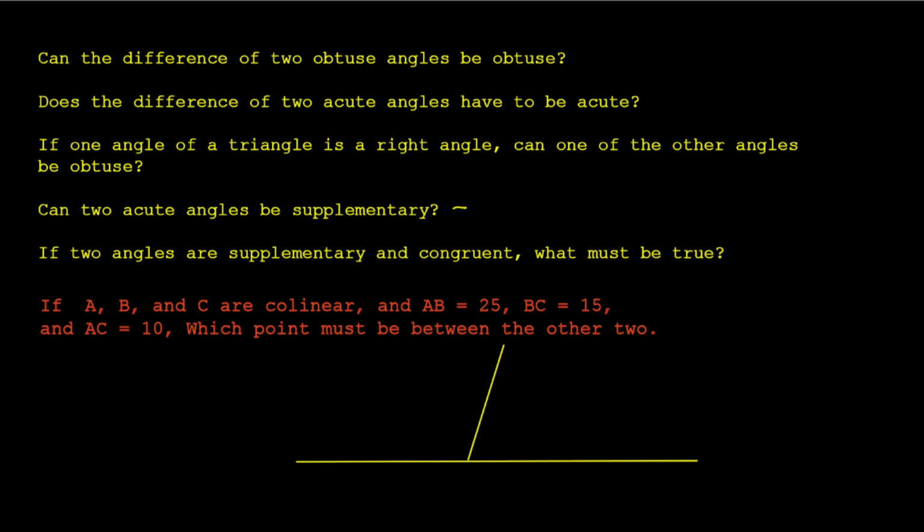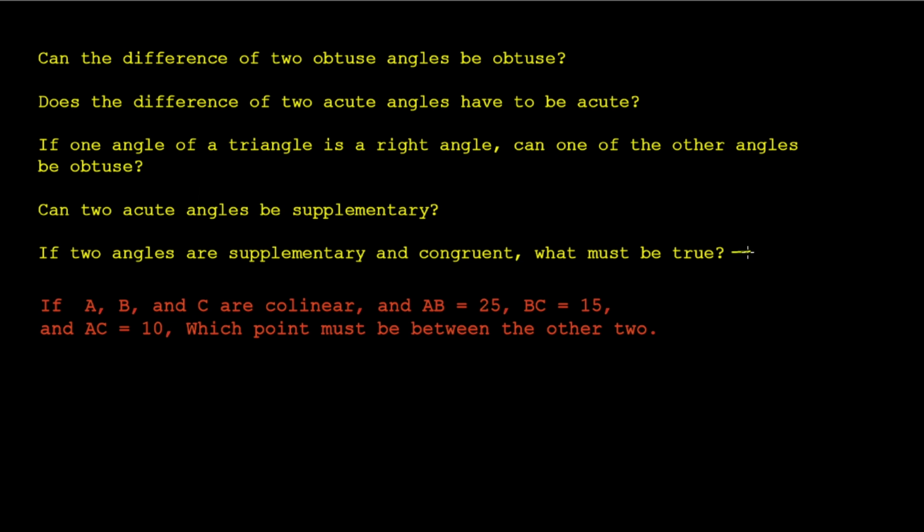Acute, obtuse. Until we get to here, where it is straight up. And then in that case, that's a 90 and that's a 90. So as you can see, once we get past here, if we go that way, now we have acute here and obtuse there. So no, two acute angles cannot be supplementary.